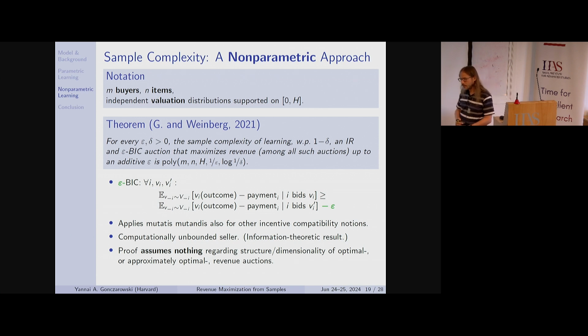The epsilon BIC is only with probability 1 minus delta, only if the sample is kind of good. With probability delta, if it's a bell curve, say centered around 100 with variance 5, with probability 0 you're only going to get samples that are a million. And then will it be epsilon BIC or not?